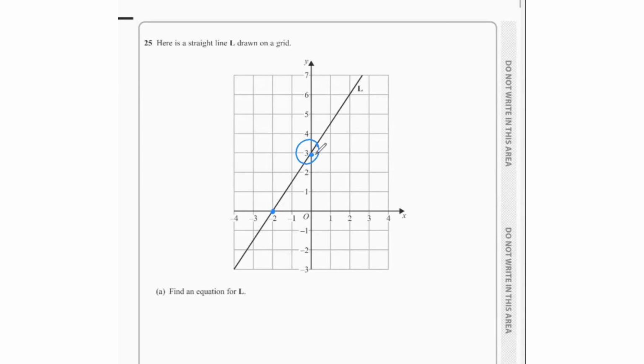So the rise is 3 and the run is 2. So m is rise over run, so 3 over 2. So the equation is 3 over 2x plus 3. This is the slope-intercept form, which is y equals mx plus c.